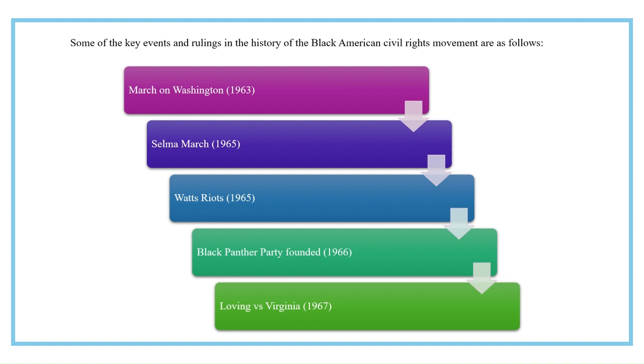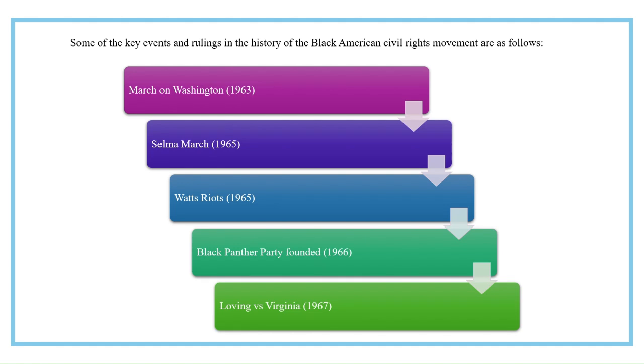Their 1 year prison sentence was suspended on the condition that the couple leave Virginia and not return for 25 years. Once they settled in Washington, D.C., the couple filed in a Virginia state court in 1963.